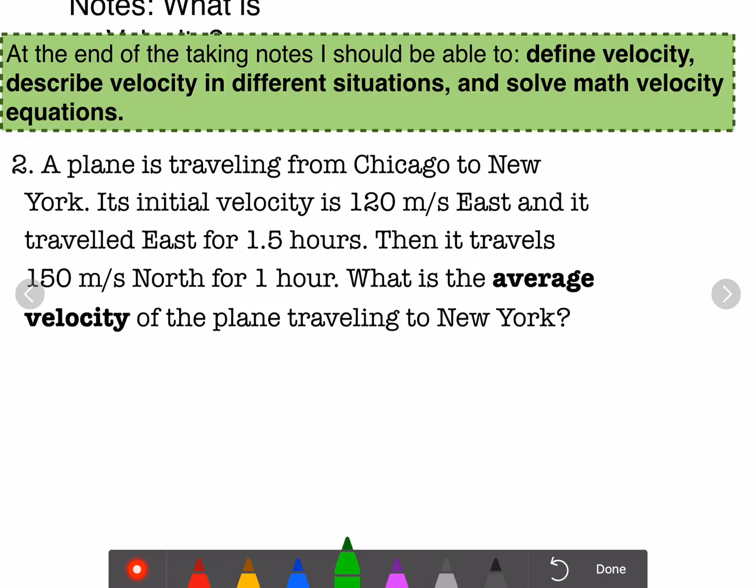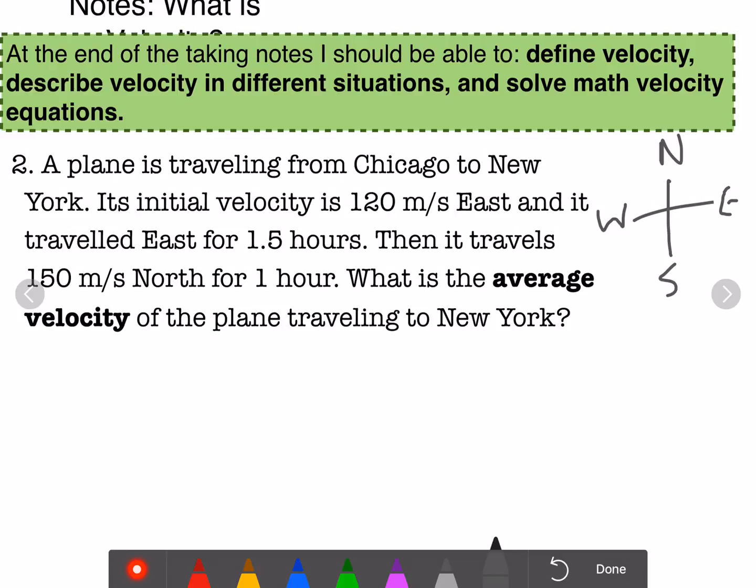Because we are using direction, we need to use direction too. So let me draw this out first. We have it traveling east. Let me make a compass rose up here: north, south, east, and west.